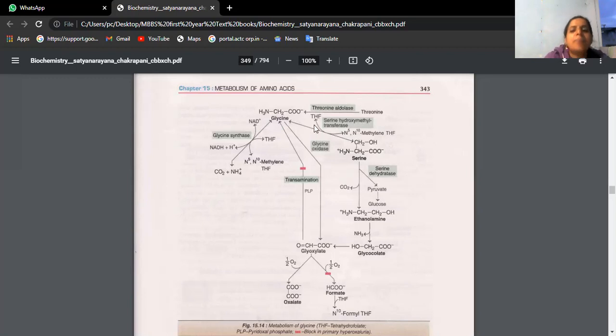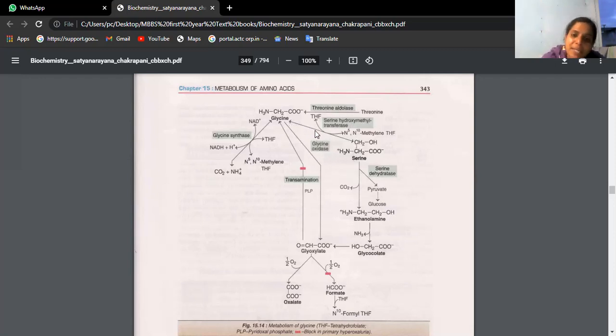Okay, in the presence of tetrahydrofolate. This tetrahydrofolate is actually formed from N5N10 methylene tetrahydrofolate. For this step, we require serine hydroxy methyl transferase. So glycine can be converted to serine. See, it is reversible reaction. Serine can be also converted to glycine.